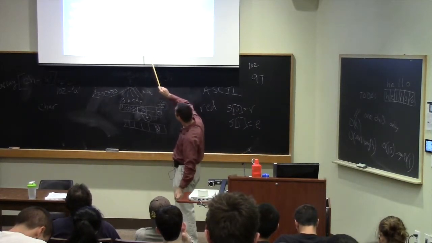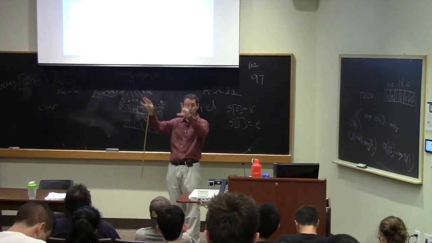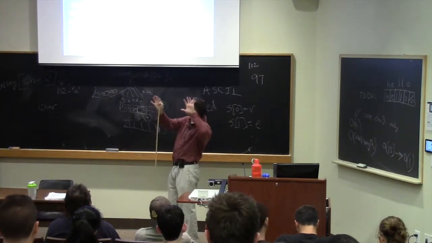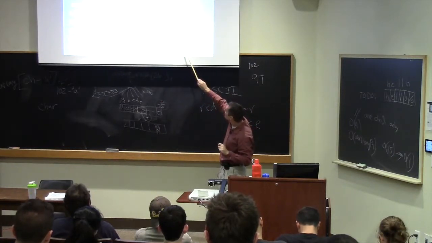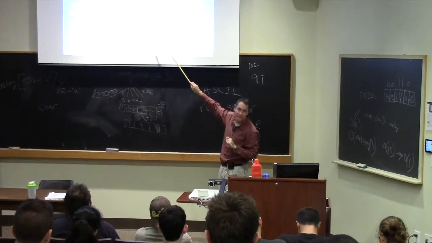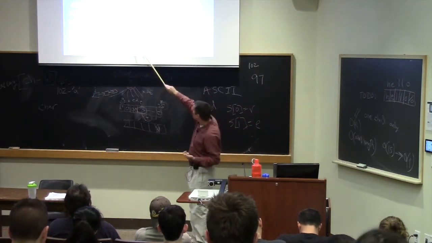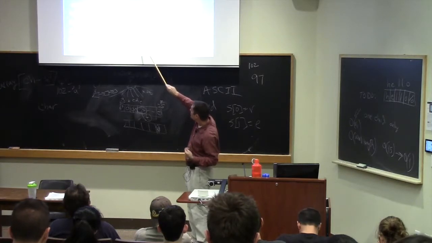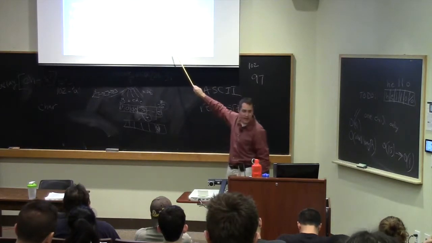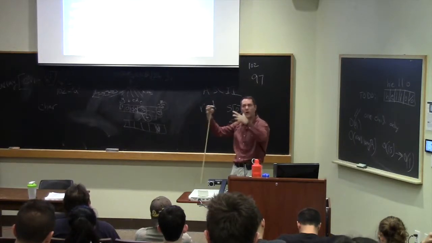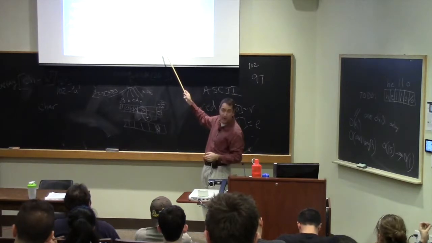We've also got this property: if k1 is less than or equal to k2, and k2 is less than or equal to k1, then they have to be equal to each other. That kind of makes sense. If k1 is less than or equal to k2 and k2 is less than or equal to k3, then you have to know that k1 is less than or equal to k3. You can't write your key comparison such that this property doesn't hold.